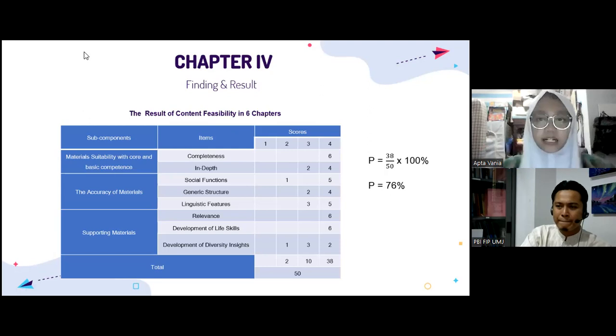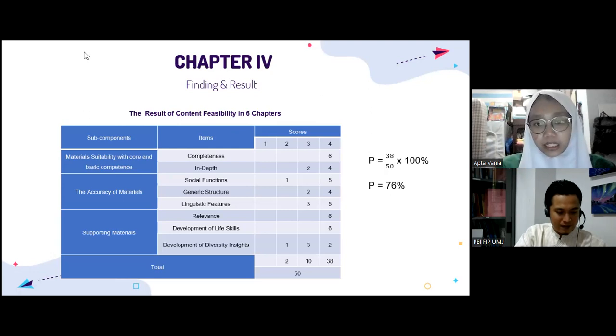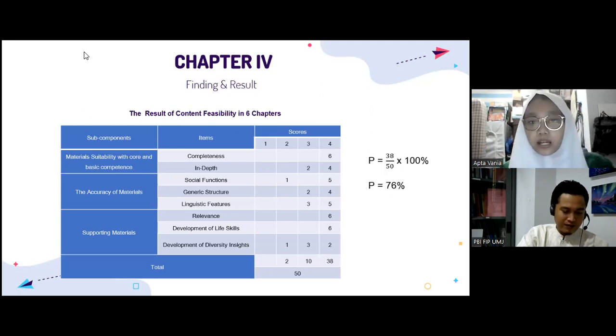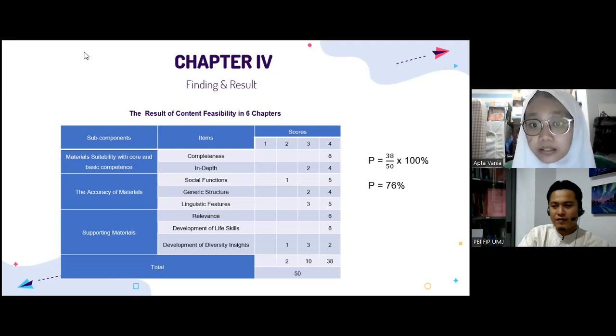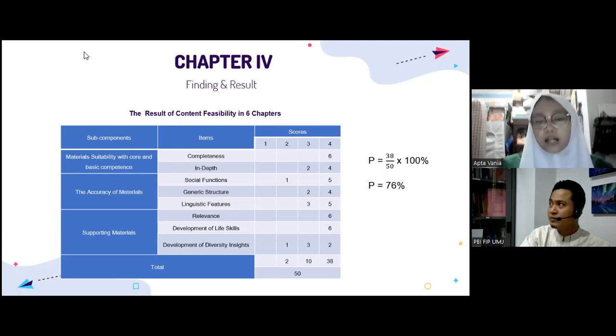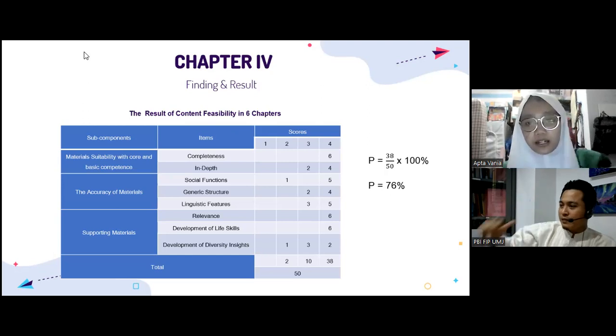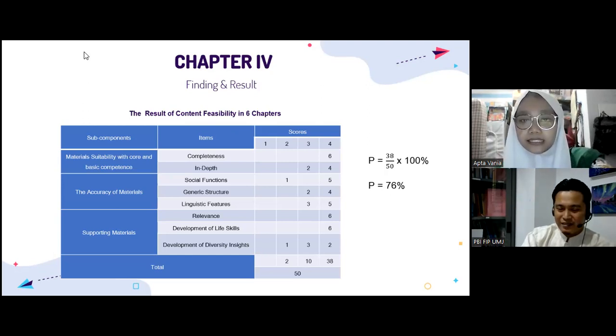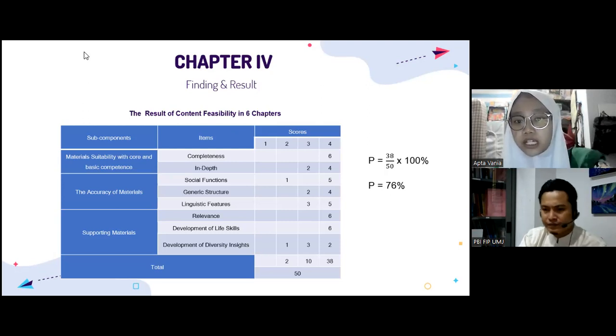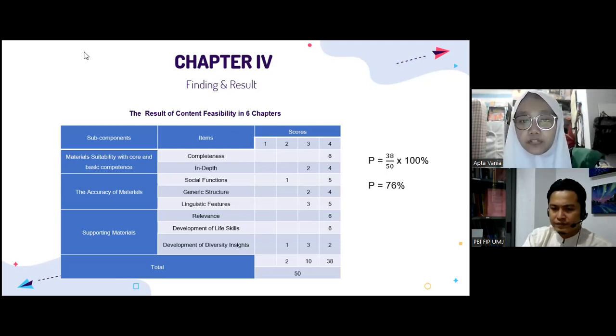Okay. For example, there are 2 subcomponents that get a poor score. These are the social functions that get a score of 2. I analyzed 6 chapters, and one chapter got a social function score of 2, and the development of diversity inside also got 2.